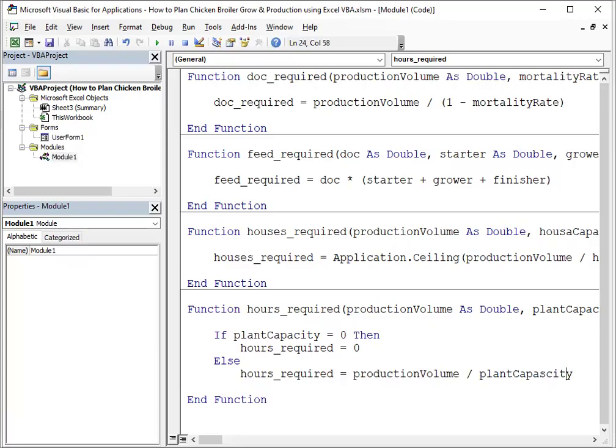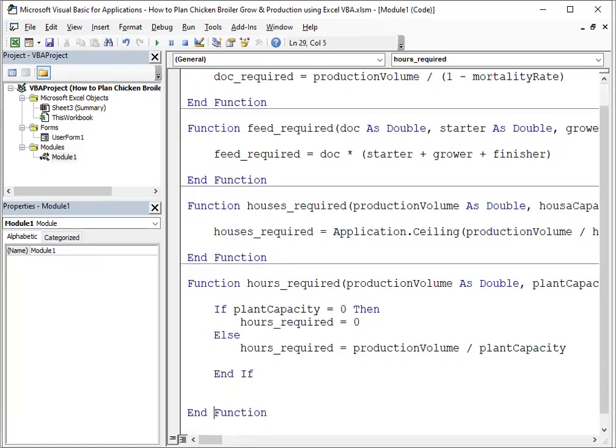All right, nothing else, so we're going to say End If. Then End Function, which is already here.